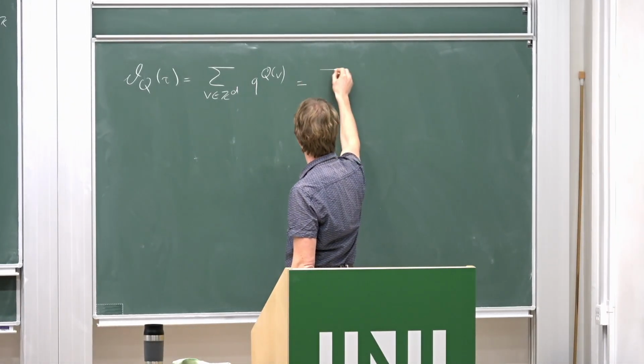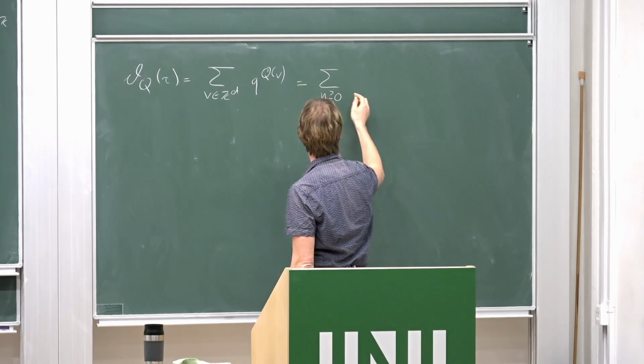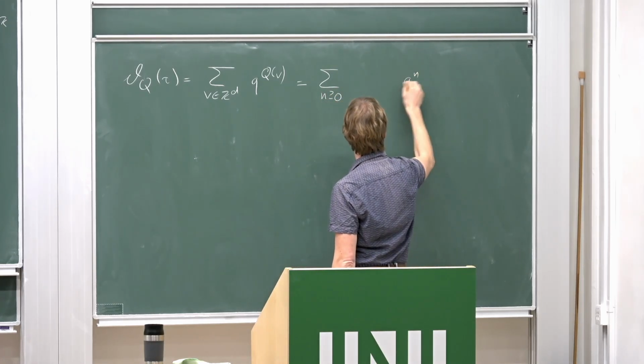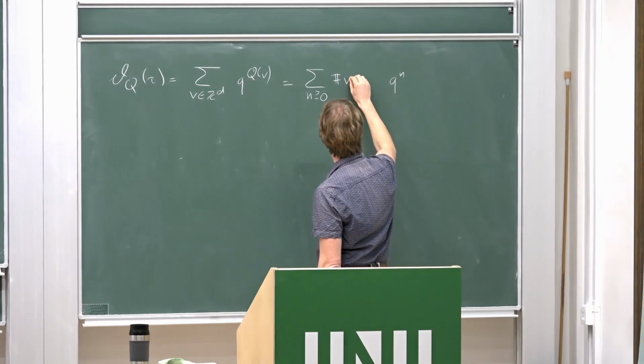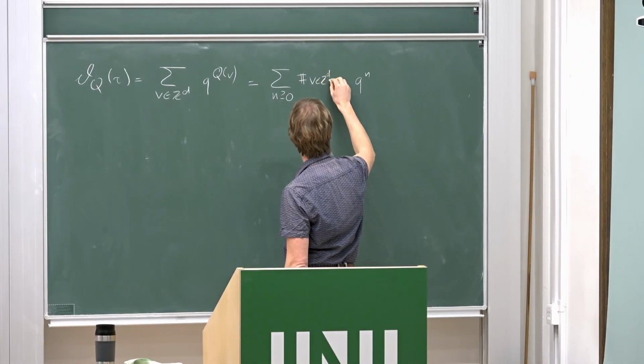Or if you want to reorder this, you can also write it as the sum over n bigger or equal to 0 of q^n times the number of v such that q(v) equals n.